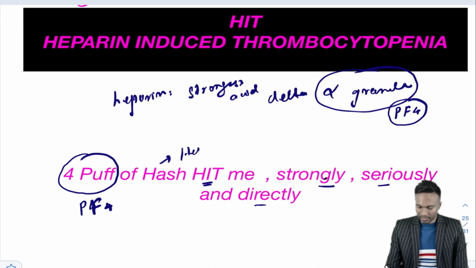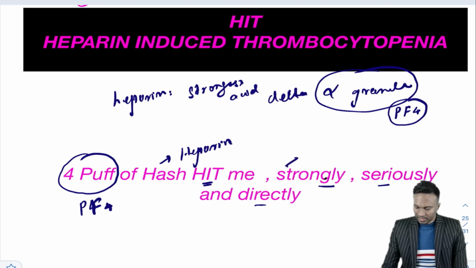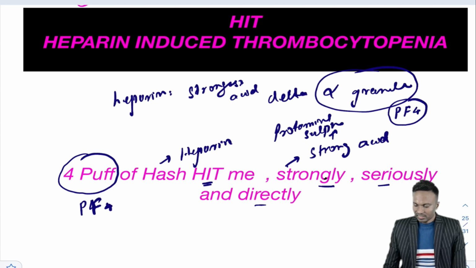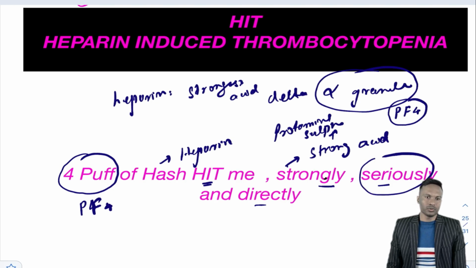Hash means heparin. HIT means heparin induced thrombocytopenia. Strongly means it is strong acid. By strong acid, you can understand that it will need antidote in form of strong base, that is protamine sulfate. Then seriously, how will you diagnose this case?